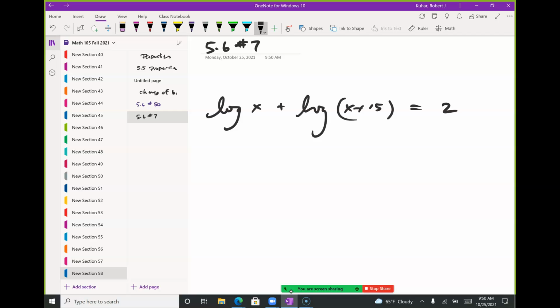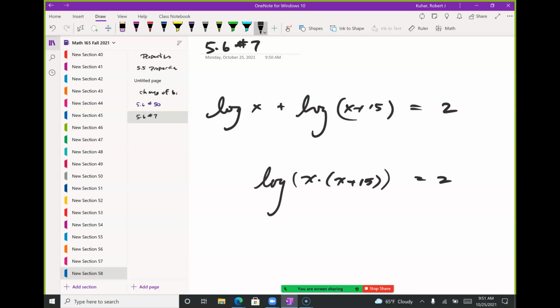What's your gut say? We can multiply log of x and log of x plus 15. Exactly. So I get log of x times quantity x plus 15 equals 2.